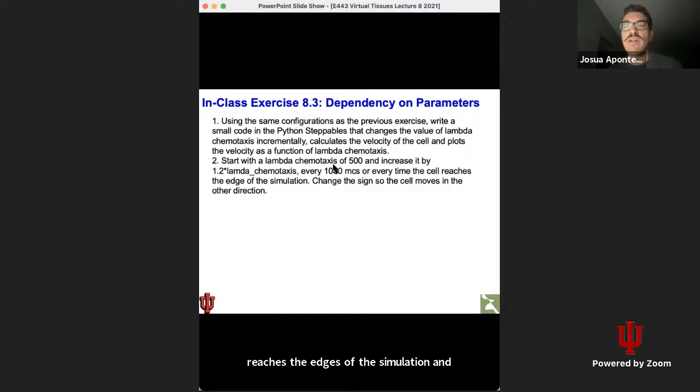And remember that by changing the sign of the lambda chemotaxis, we can make our cell become a chemoattractant or a chemorepulsant.